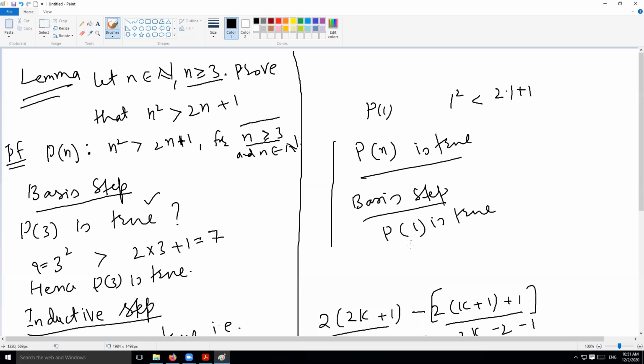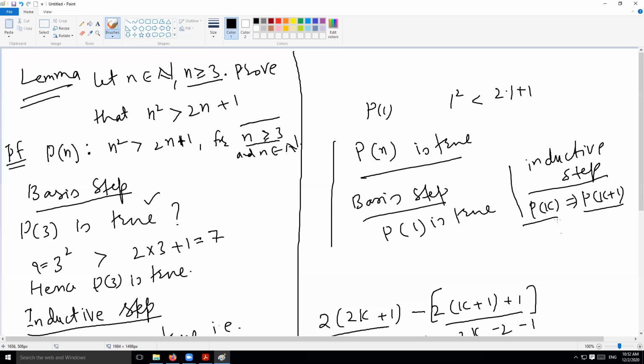So we proved the first step. And then prove the inductive step. The inductive step says that P(k) implies P(k+1). In other words, assume P(k) and prove P(k+1).